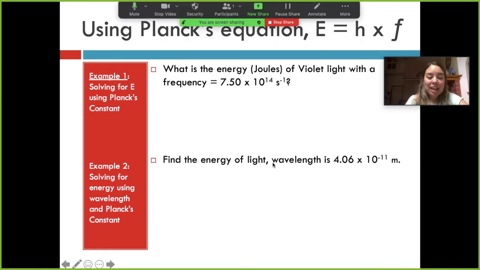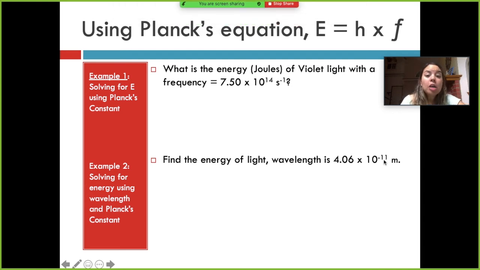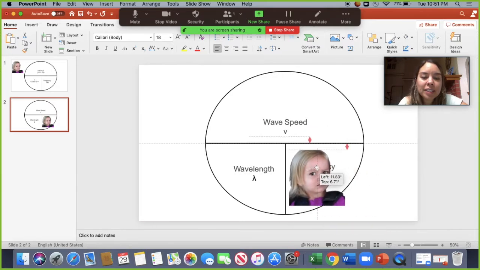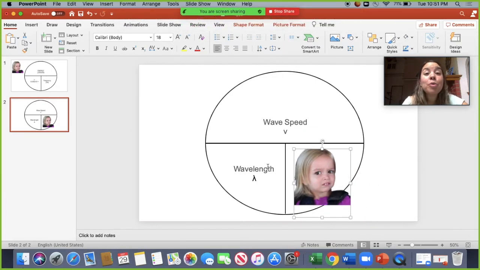Okay, and problem number 2. Find the energy of light if the wavelength is 4.06 times 10 to the negative 11. They are asking us to get energy using this equation, but they are giving us wavelength, which is nowhere here. So the very first thing we have to do is find frequency, so wave speed divided by wavelength.